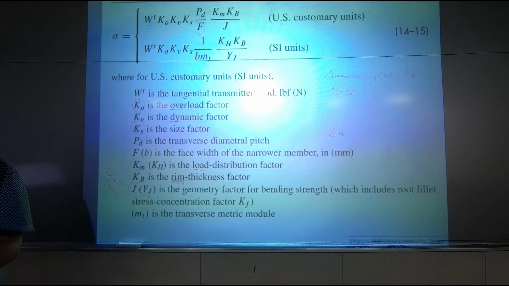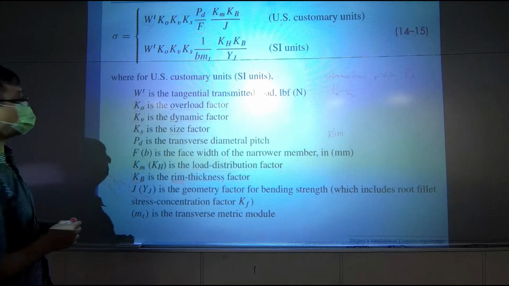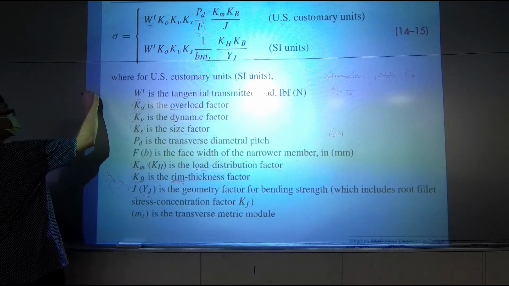In the future, when you design a gear, you need to know it's not that easy. Okay? You need to be aware of the operating condition. Otherwise, the gear may fail. But this is only the stress. Do you remember our design equation should be like this?